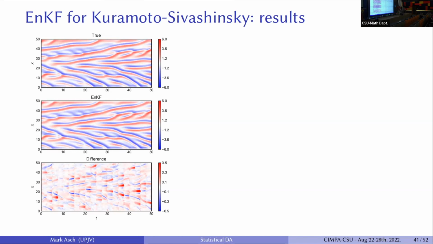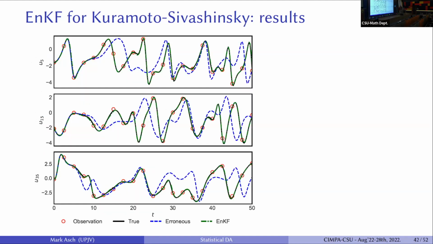I don't remember what t. Oh no, sorry, that's t and x. It's a snapshot of the solution surface in the xt plane, because it's two-dimensional: one dimension in space and one dimension in time.